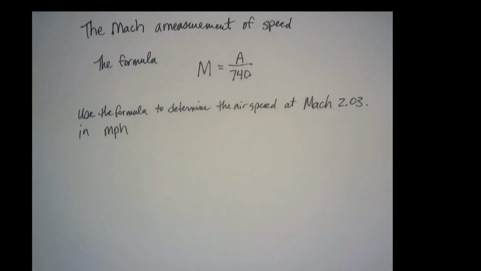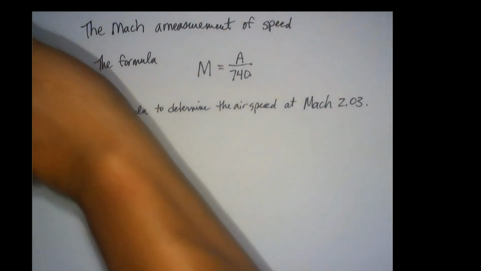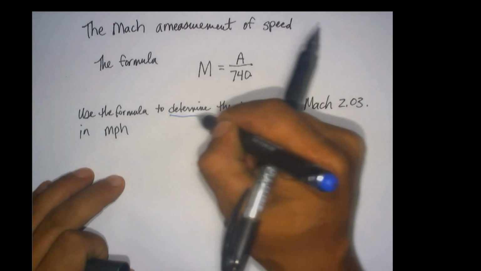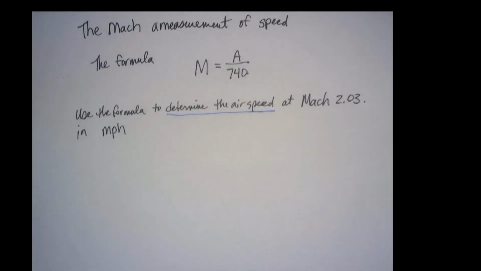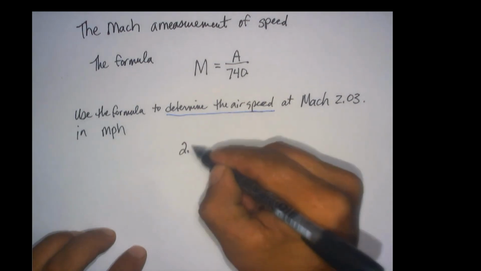So, what are we solving for? For A. We're solving for A, because it says determine the airspeed. So we're going to substitute 2.03 for M.